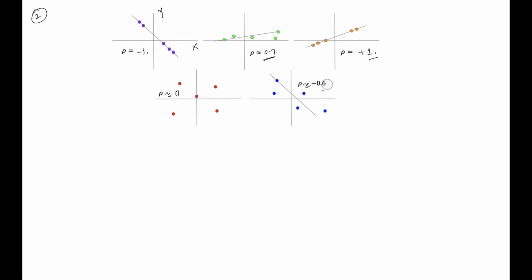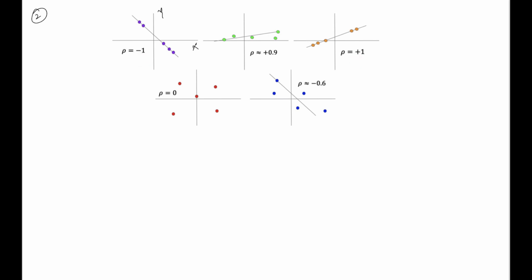It will not be 0.1, but something like 0.6. And this will be 0, this will have +1, and this will be +0.9 or +0.8, whatever, and this will have -1. Alright, so you got the idea about the correlation coefficient. Given the plot, if x and y have the exact linear relationship, then the correlation coefficient is +1 or -1.